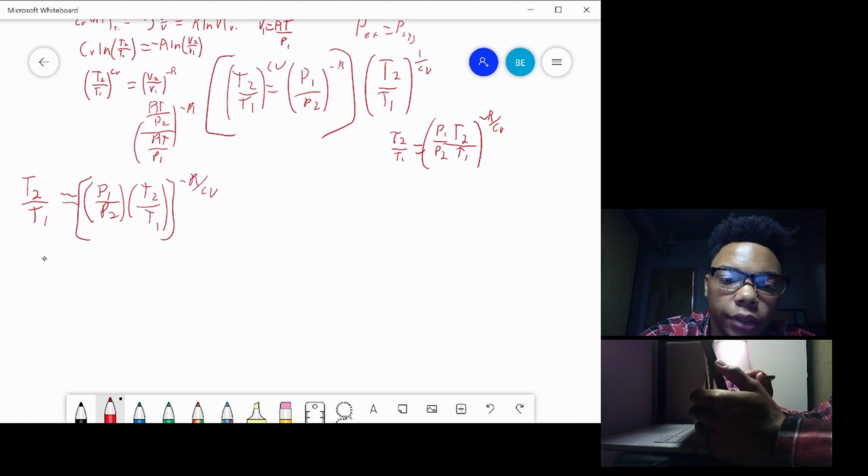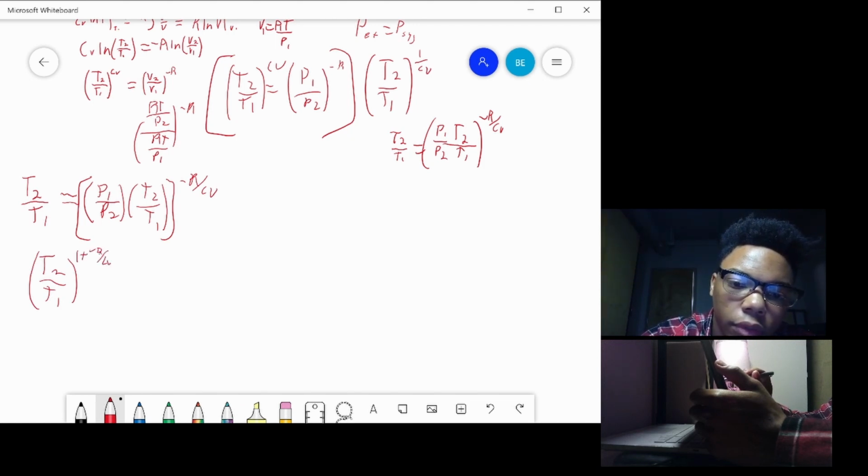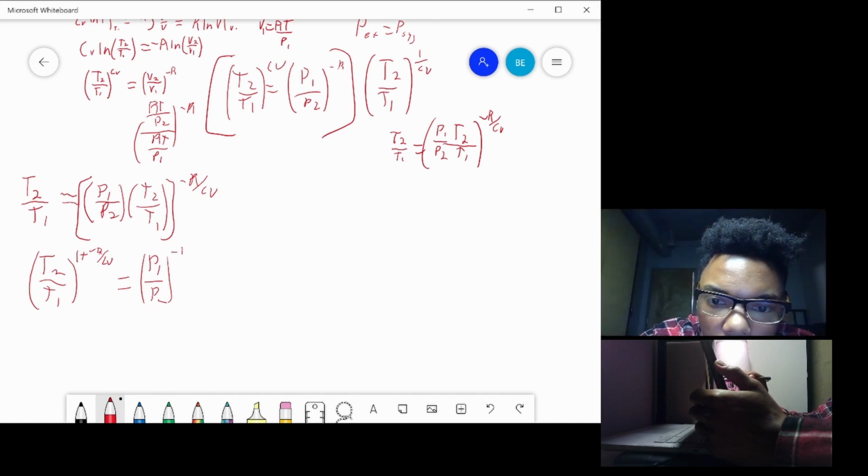If we separate this, we can actually get T2 over T1 of 1 plus negative R over CV is going to equal P1 over P2 of negative R to CV.